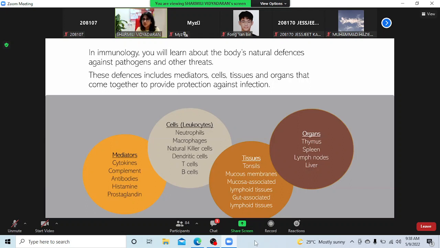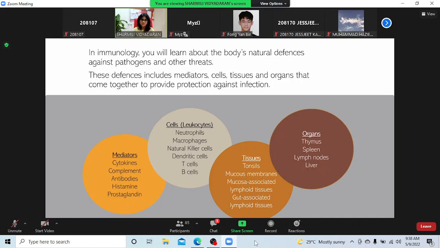So you also have tissues in your body that are very important in immunity. Your tonsils, your appendix, something known as mucosa-associated lymphoid tissue, which you will learn about. So I'm always assuring you, even if some words sound new, you will learn about it as you carry on. So there you go.